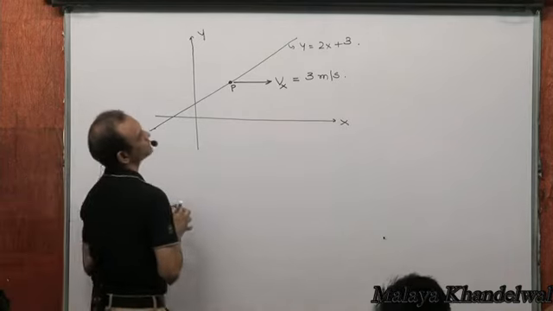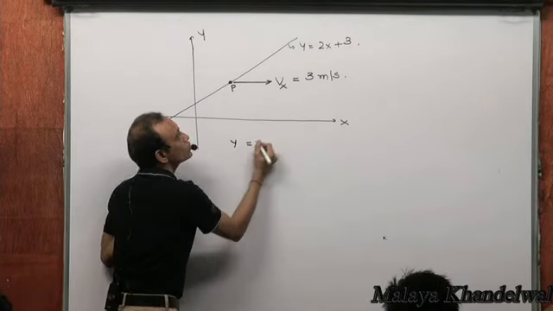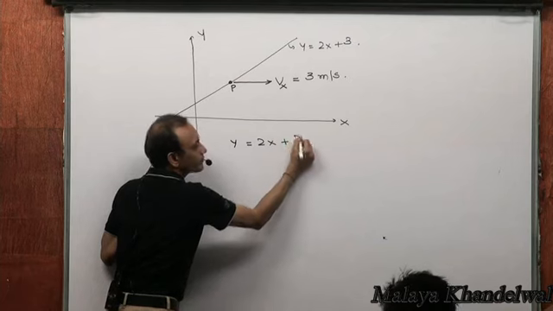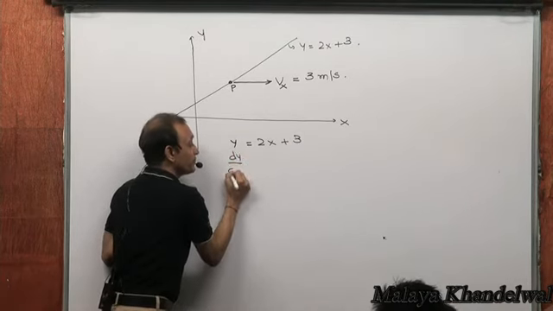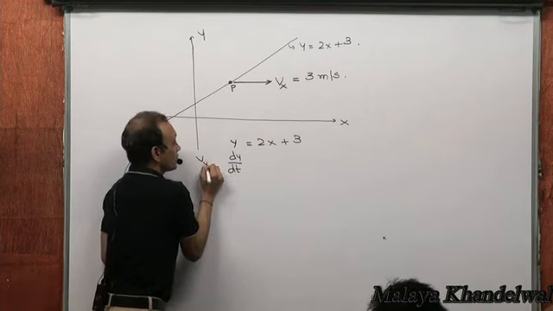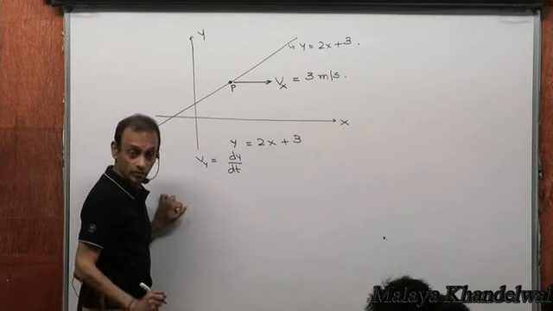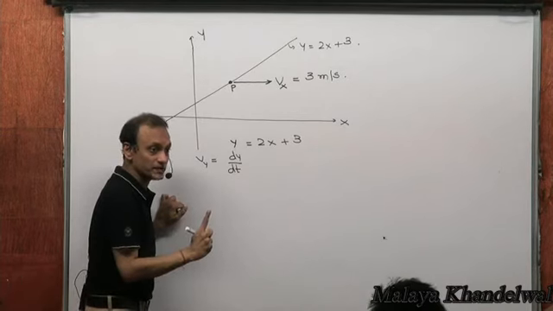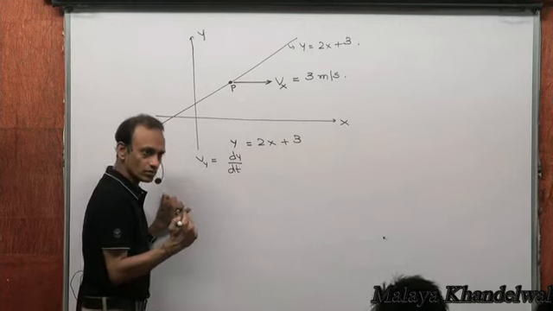Look, y is 2x plus 3. dy/dt will give me velocity in the y direction. Yes or no? By definition, rate of change of displacement in the y direction will give me velocity in the y direction.